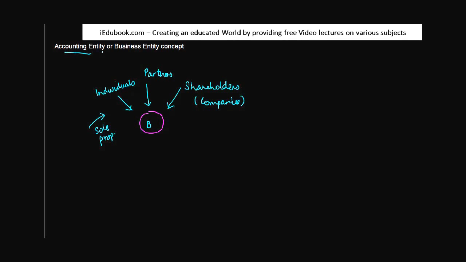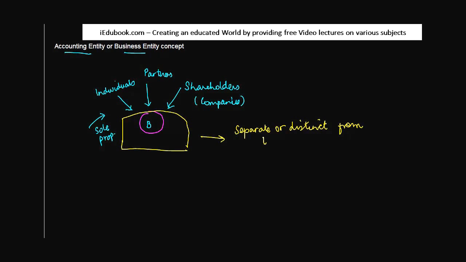The accounting entity or the business entity concept recognizes that this business, which we have drawn, is actually separate or distinct from the owners. What does this mean?